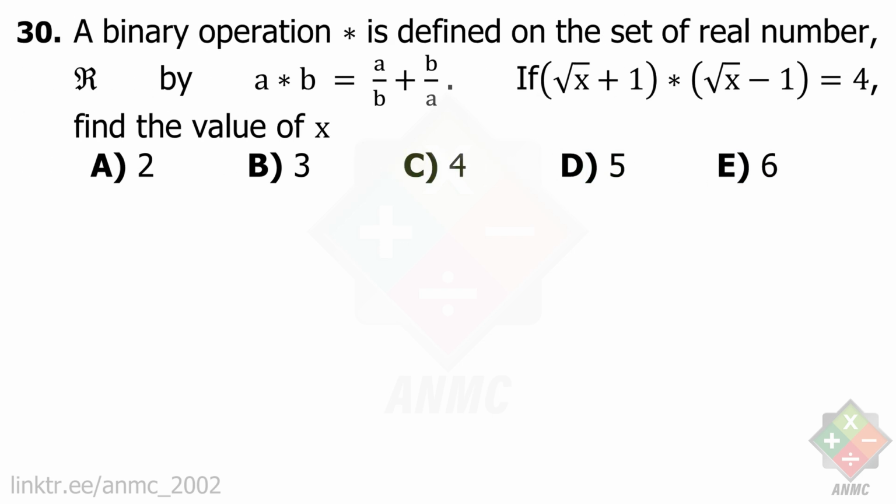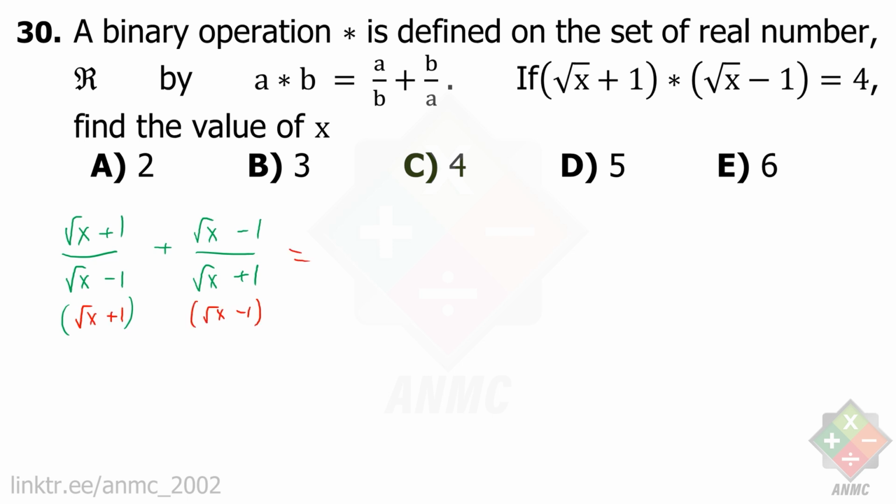Let's write the expression: root of x plus 1 over root of x minus 1, plus root of x minus 1 over root of x plus 1. Let's equalize the denominators. Root of x plus 1, root of x minus 1. What are we going to see?